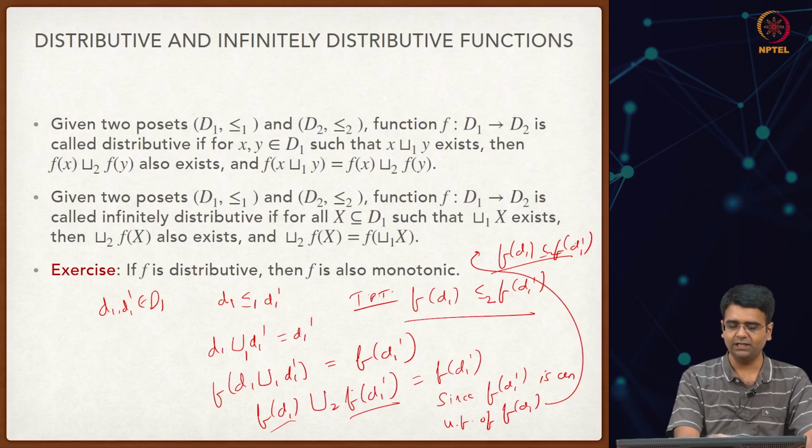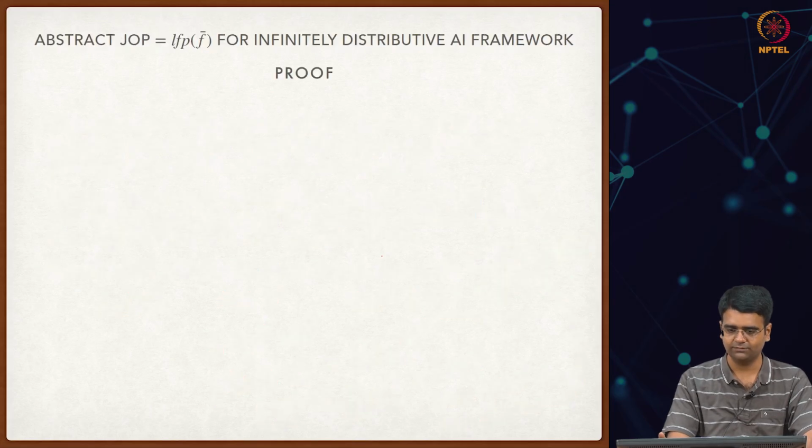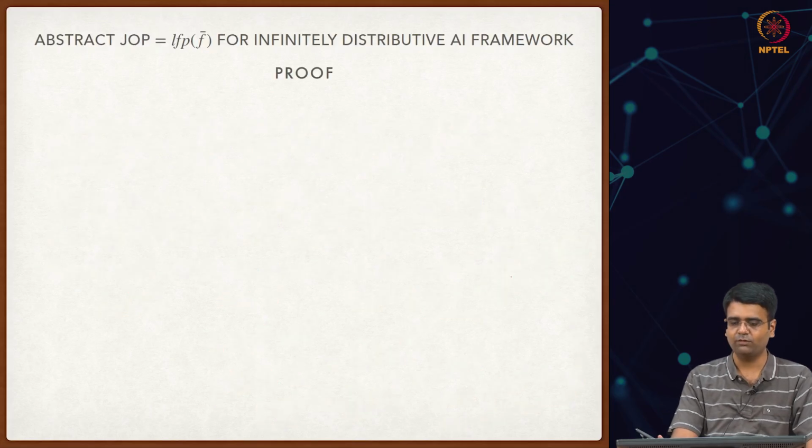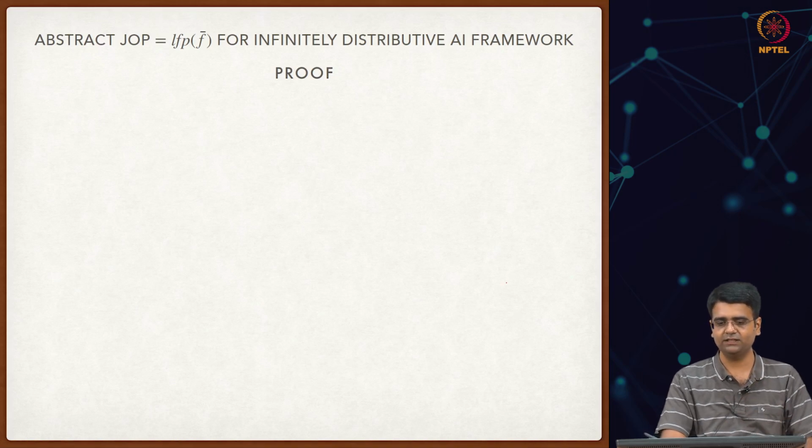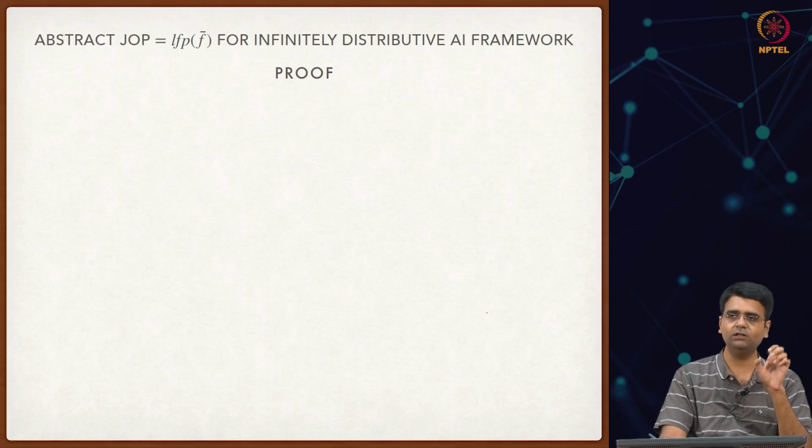Similarly, you can also show that if f is infinitely distributive, it's obviously also distributive, and therefore it's also monotonic. As I said, the goal behind introducing this notion of infinitely distributive is that we want to see when the abstract GOP will be equal to the LFP of f bar.